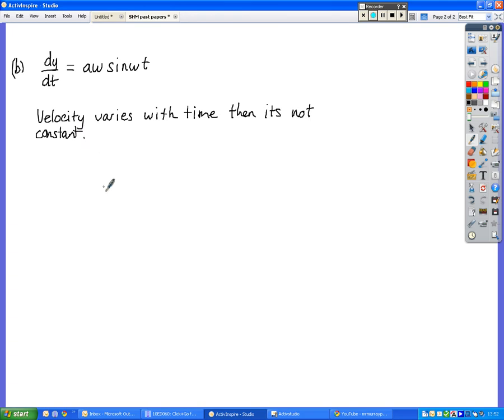And if it's not constant, then the motion described there is not simple harmonic motion.